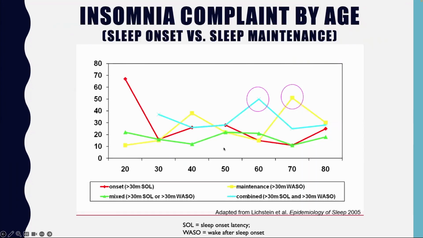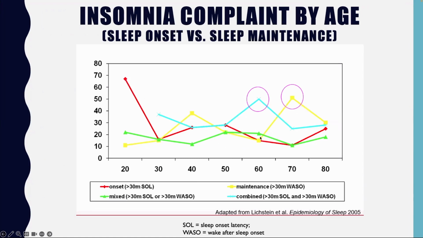So this graph breaks down the insomnia complaints by age, sleep onset in red versus sleep maintenance in yellow. You can see that on the x-axis you have age, and in younger patients, sleep onset insomnia is much more common, as depicted by the red line.